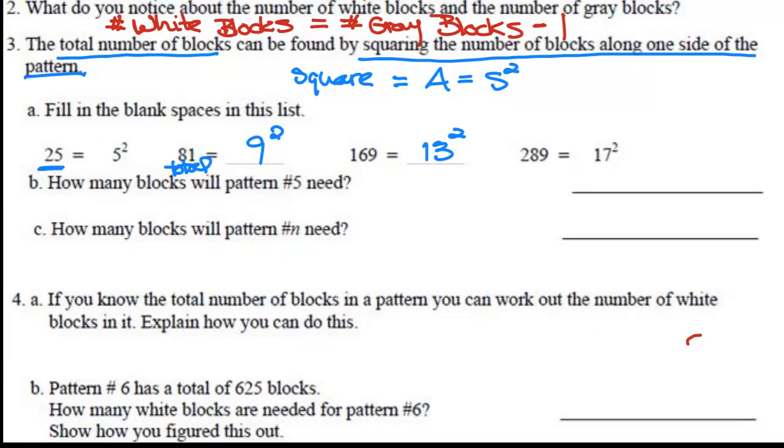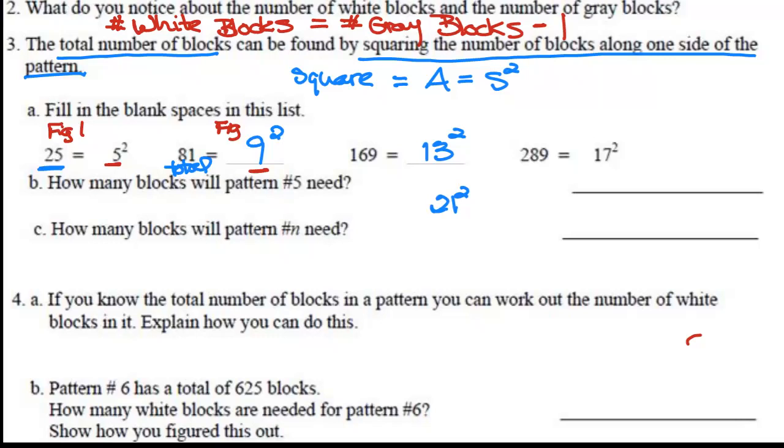So the next question is letter B. How many blocks will pattern number 5 need? 21 squared. How did you get that so quickly? Ah, yes. So we went from figure 1, and it was 5 squared. We went to figure 2, and it was 9 squared.